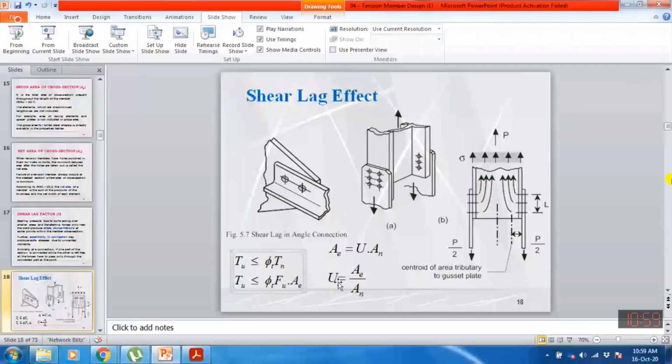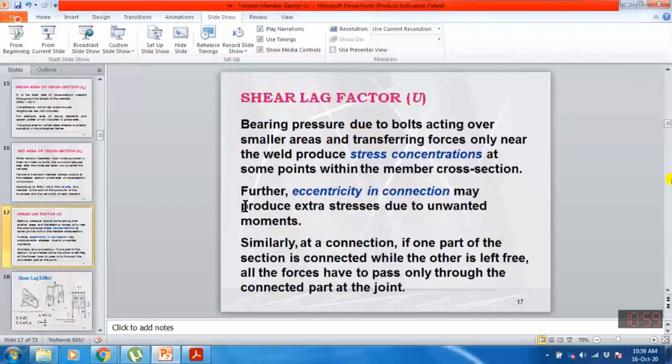So what we do is we multiply net area with a value U whose value is less than 1. So effective area is always less than net area. We are further reducing net area due to certain reasons. So shear lag factor is the factor which is less than 1 and which is used to convert the net area to the effective area.